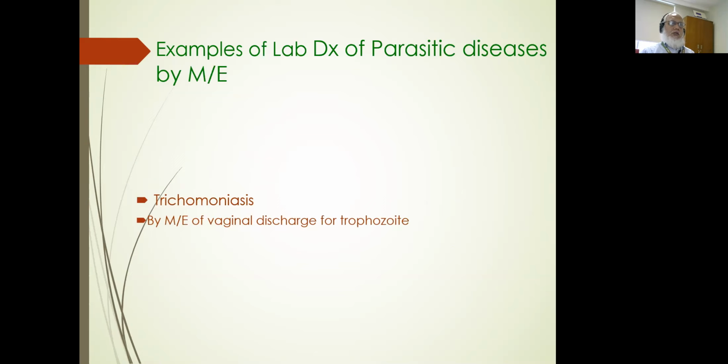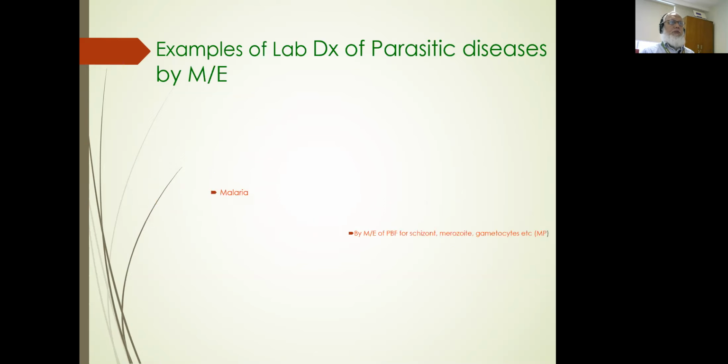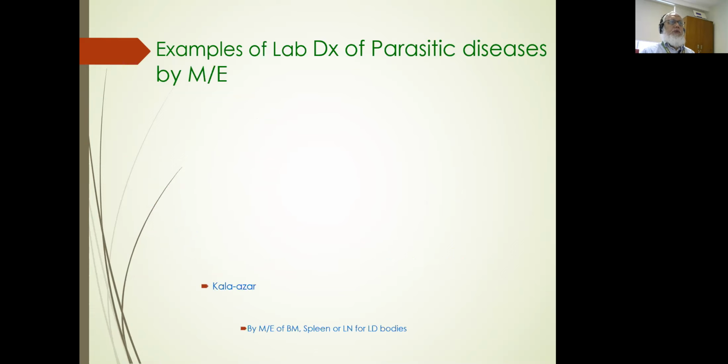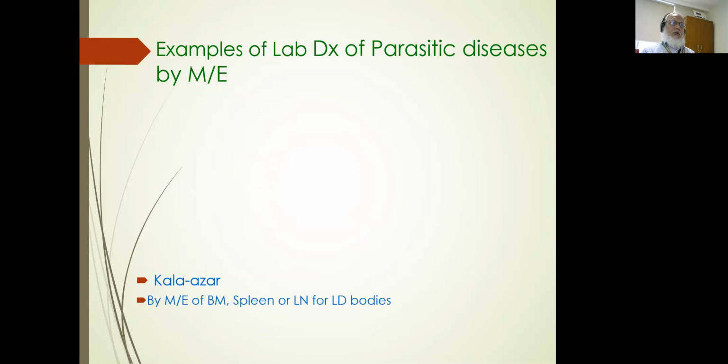Trichomoniasis, an STD, can be diagnosed by simple microscopy of vaginal discharge and finding the trophozoite. Malaria can be diagnosed by microscopy of peripheral blood for malarial parasite that includes schizont, merozoite, or gametocytes. Kalajor can also be diagnosed by microscopy of bone marrow, spleen, or lymph node and finding the LD bodies.